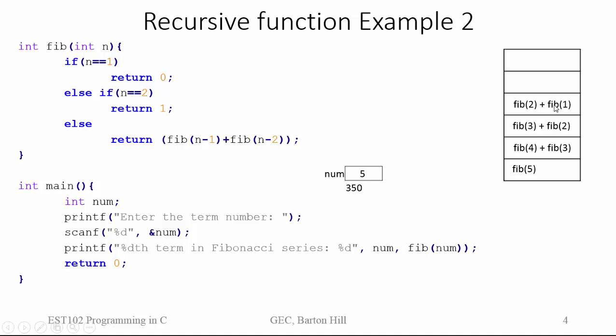Okay, so fib of 2 plus fib of 1. Fib of 2, when the function comes here, will have the value 1, so 1 will be returned. Then fib of 1 is called, and n equal to 1, so it will return the value 0, so 0 will come here.